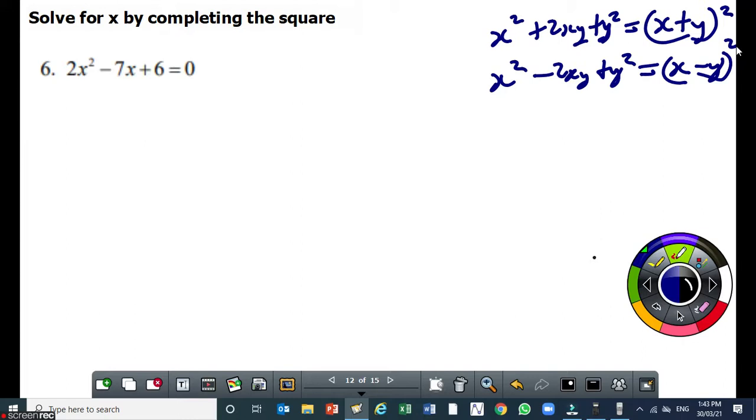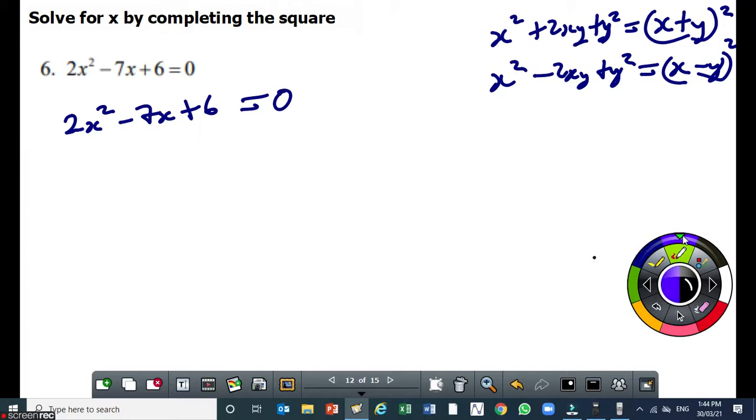I'm going to start by dividing each term by 2, because that's the method I feel is the easiest, instead of factorizing 2, because most of you will get confused by that. So what you do is make the coefficient of x squared equal to 1 first.